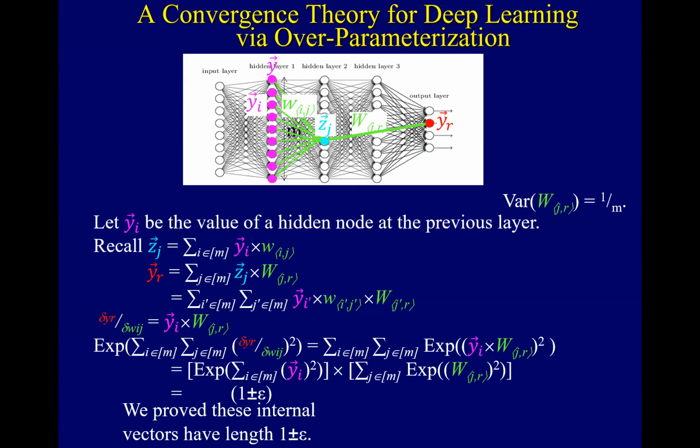There's another paper that I was sent just 2 days ago, and it says that if you want the derivatives of your machine to be small, you need some over-parameterization.